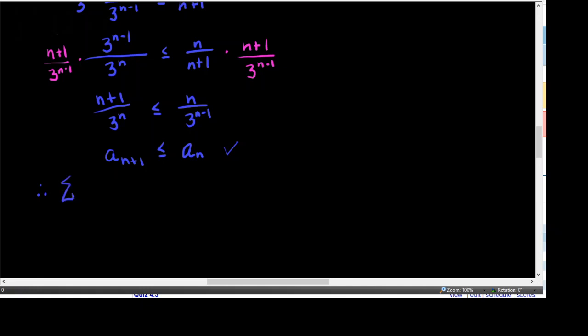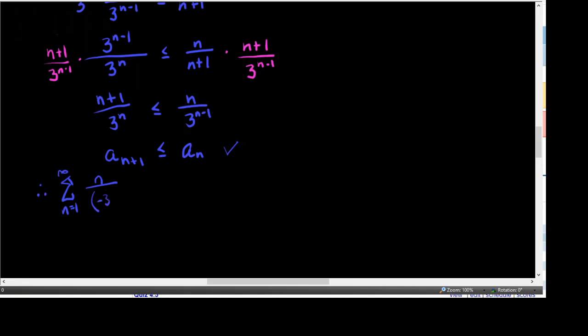So that means, of course, that the series n equals 1 to infinity of n over negative 3 to the n minus 1. Oops, I wrote something that doesn't belong. Get rid of that. I forgot to write something that does belong.